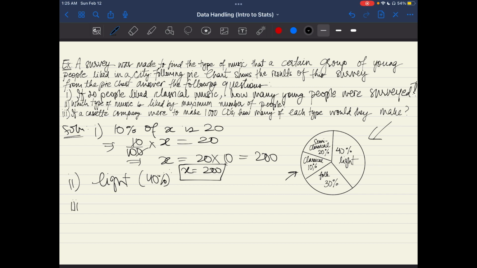And the third question is, if a cassette company were to make 1,000 CDs, how many of each type would they make? So let's start with the 40%, the light music, right? So what is 40% of 1,000?